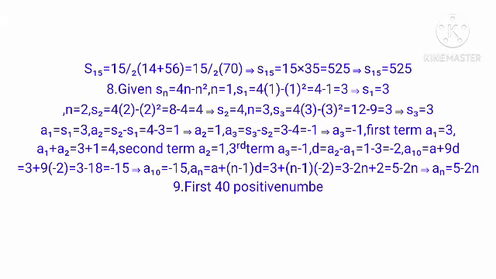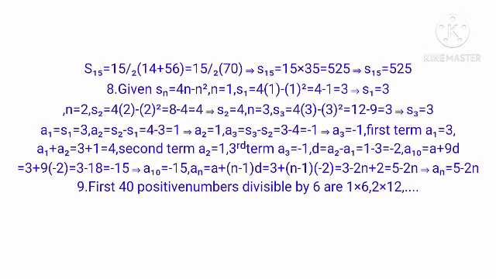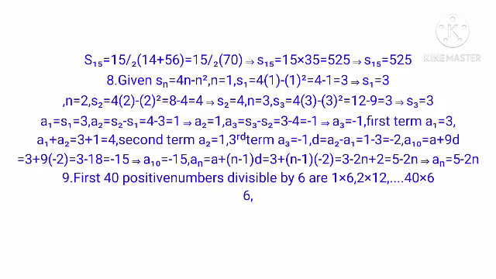Next, ninth question, the first 40 positive numbers divisible by 6. What are the numbers? 1 into 6, 2 into 6, and so on, 40 into 6. That is, 6 1s are 6, 6 2s are 12, 6 3s are 18, and so on. 6 into 40 is 240.